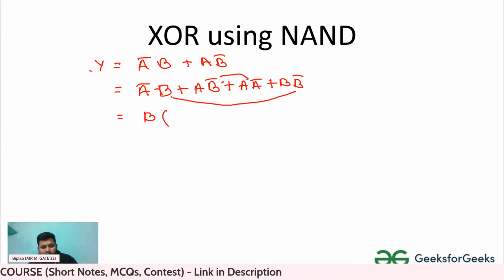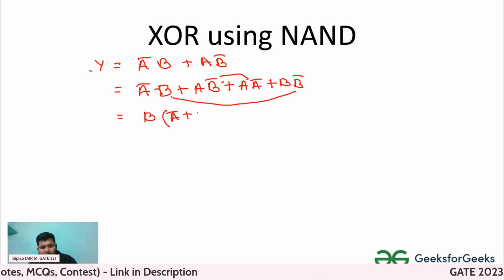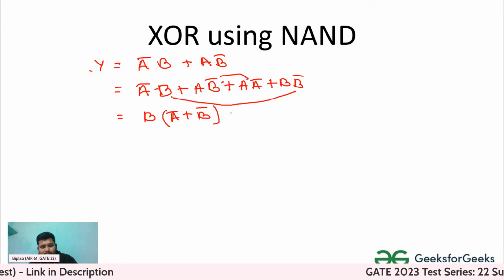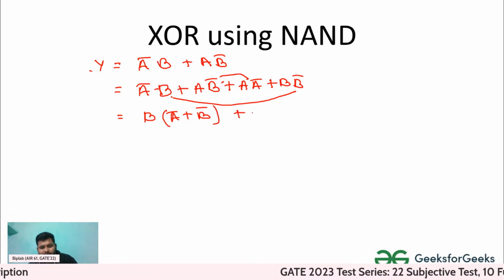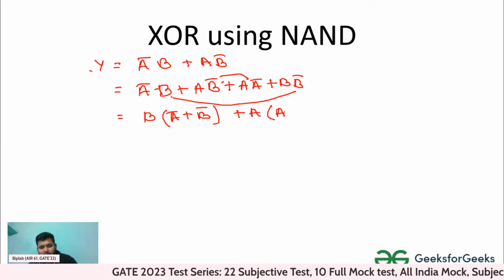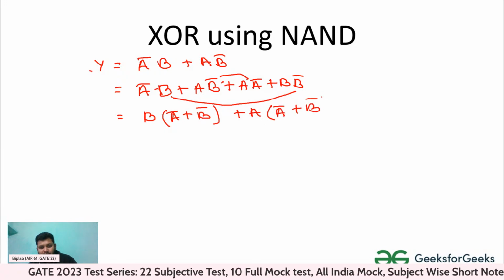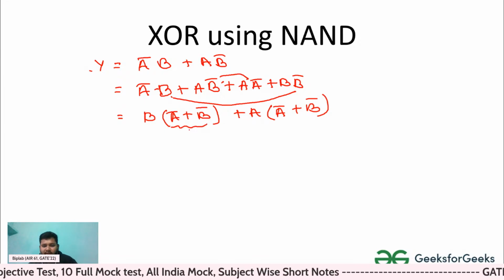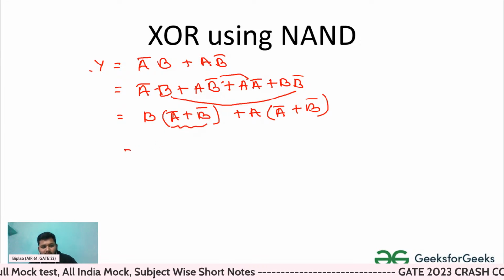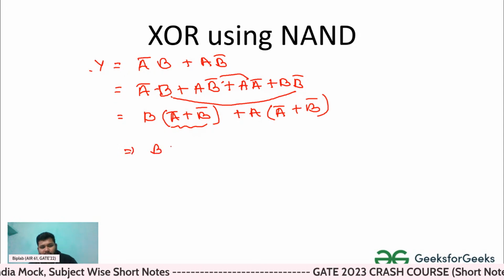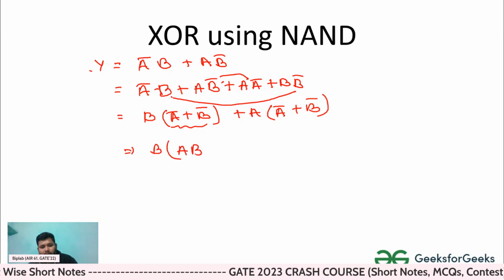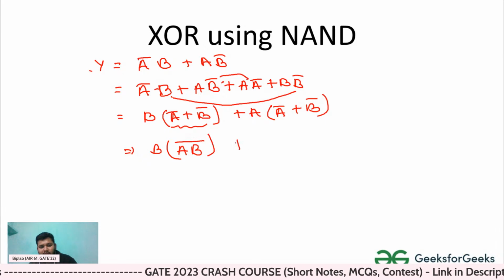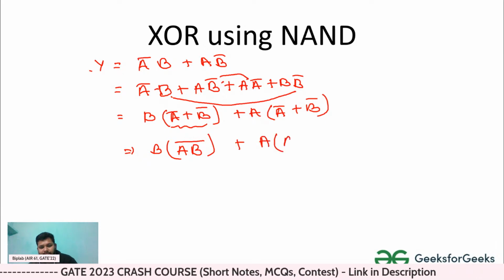You will have A bar plus B bar, plus, and here if you take A common, you will again have A bar plus B bar. When you look at this, you can identify this as a NAND gate, because you can write this as B into A B bar. This is the NAND gate expression, A B bar.